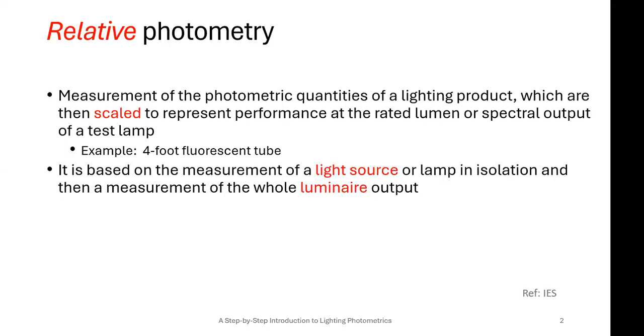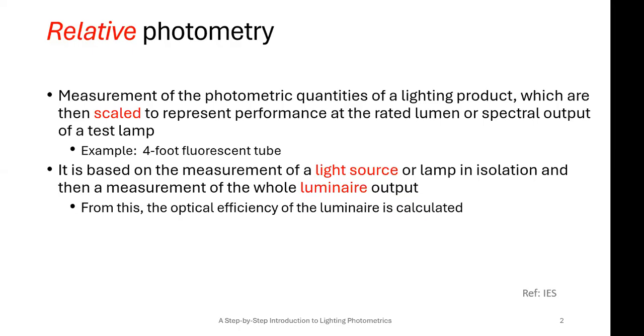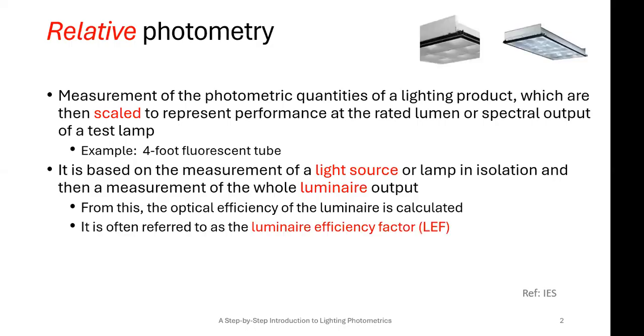Another characteristic about relative photometry is you have a light source, and you take those readings of just the light source in isolation, and then you have a measurement of the whole luminaire output. And so you can then calculate the efficiency of the luminaire, and the difference in those two is the luminaire efficiency factor, or LEF.